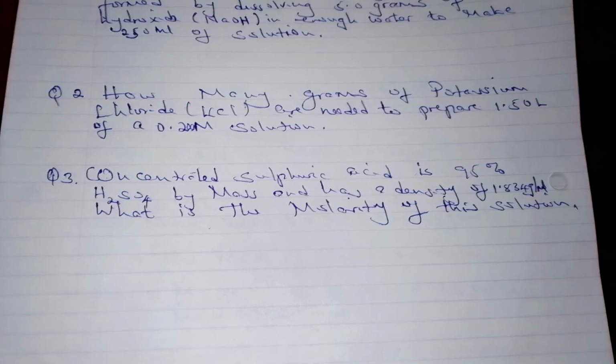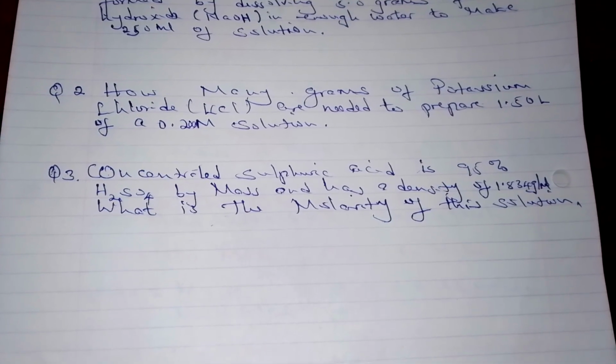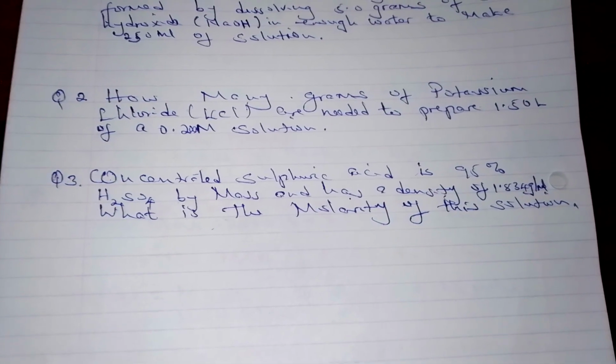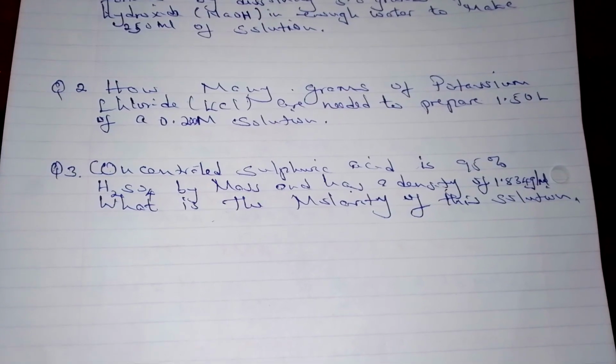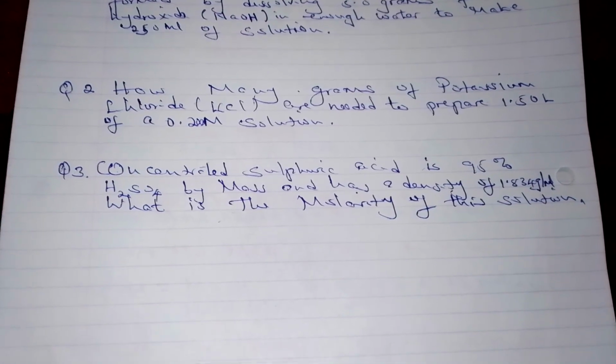What is the molarity of this solution? Let me repeat. Concentrated sulfuric acid is 95% by mass and has a density of 1.834 grams per mole. What is the molarity of this solution?